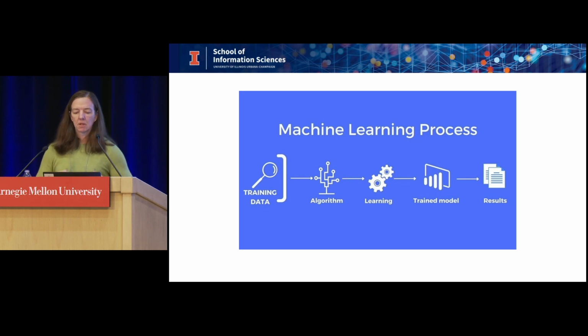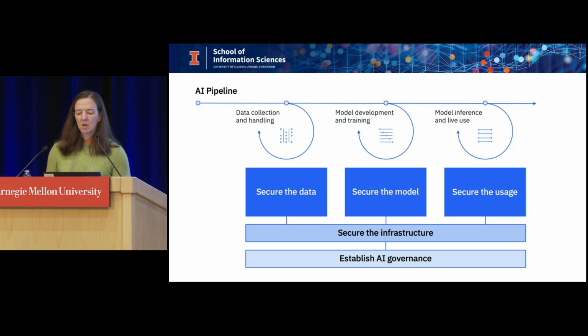You take that, pick your favorite algorithm, the model does some learning, it is now trained, and it pops out some results. I'm going to talk a little bit about why this is good and bad. This is a little more under the hood. I stole this from a collaborator of mine who used to be at IBM. It's a little more about the pipeline: there's the data collection, the model development, the model inferencing, and then it becomes something.